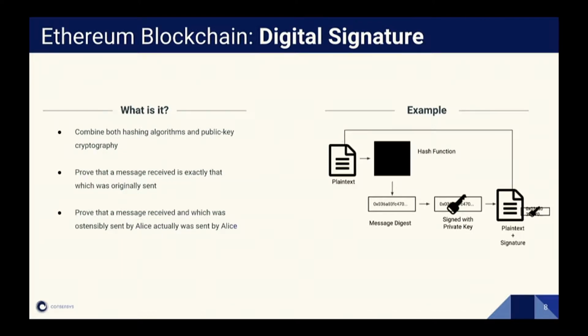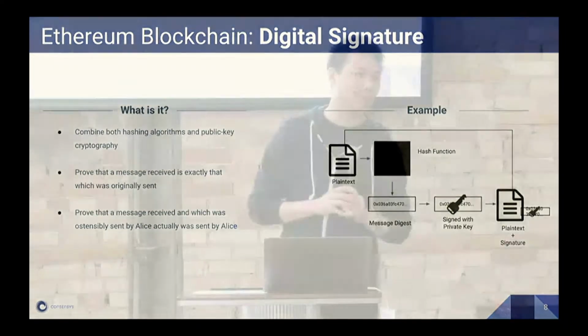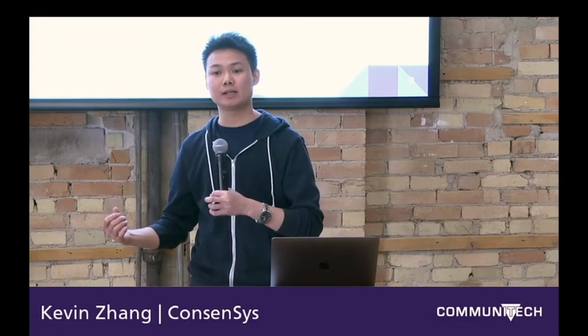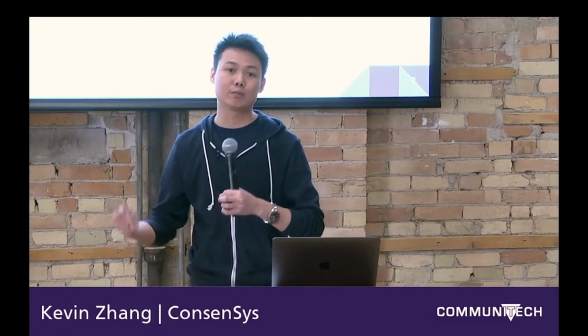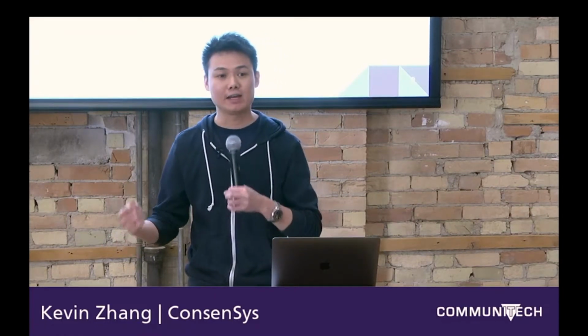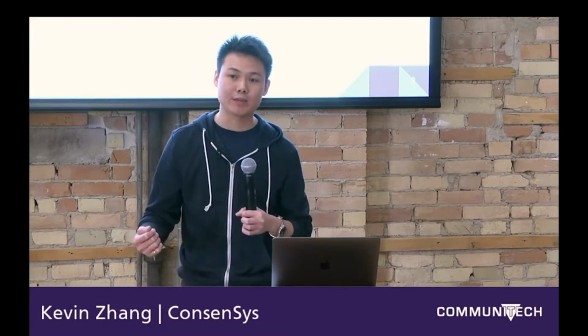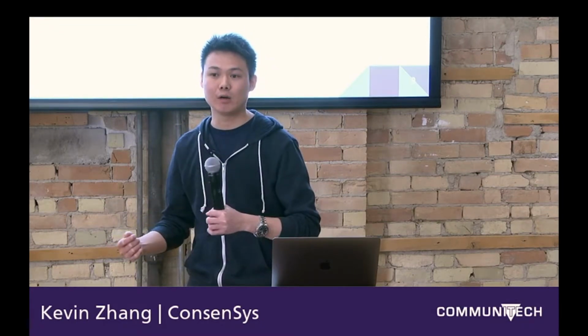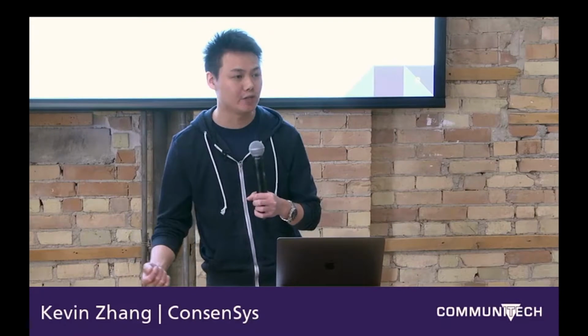Digital signature. So digital signature is a combination of private public key cryptography and hash functions. Hashing information reduces it to a 40-character string, and then by signing this information with your private key, you can provably verify that this information has not been tampered with and that you have validated or attested to this information being what it is at that current state.